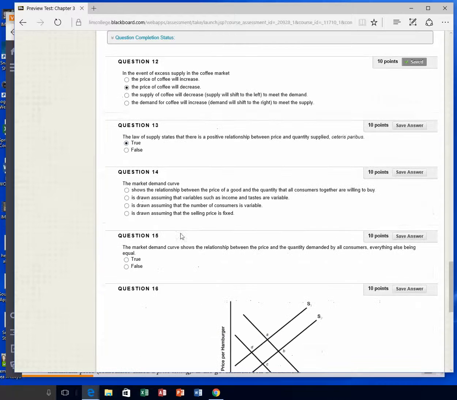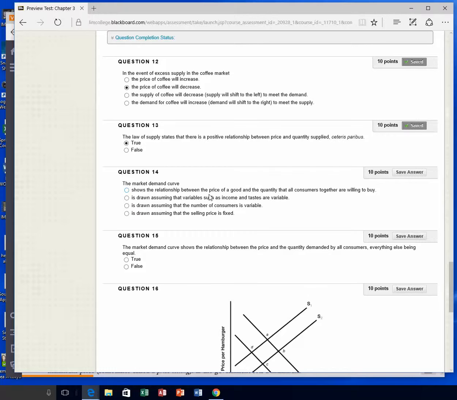True. The market demand curve shows, again, this is actually right from the textbook. What page is this on? Let me get this written down. I think it's page 52, because it talks about these things. And when you take these tests, I'll give you a couple of times just to go through the textbook. Yeah, it's on page 52. It explains the market demand.